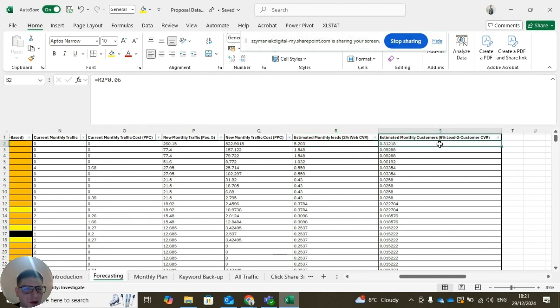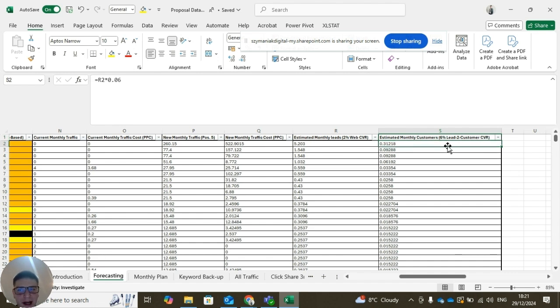And we also asked the business, what's your lead to customer conversion rate? They looked at the data, they looked at the CRM systems, and they gave us a figure from 5 to 8%. So we said, okay, let's do a 6% lead to customer conversion rate, just for the purpose of this forecasting.